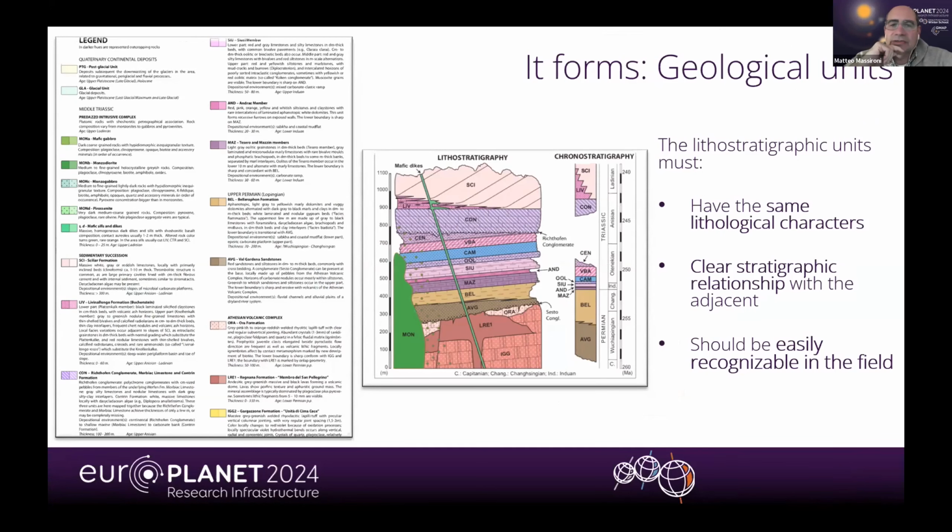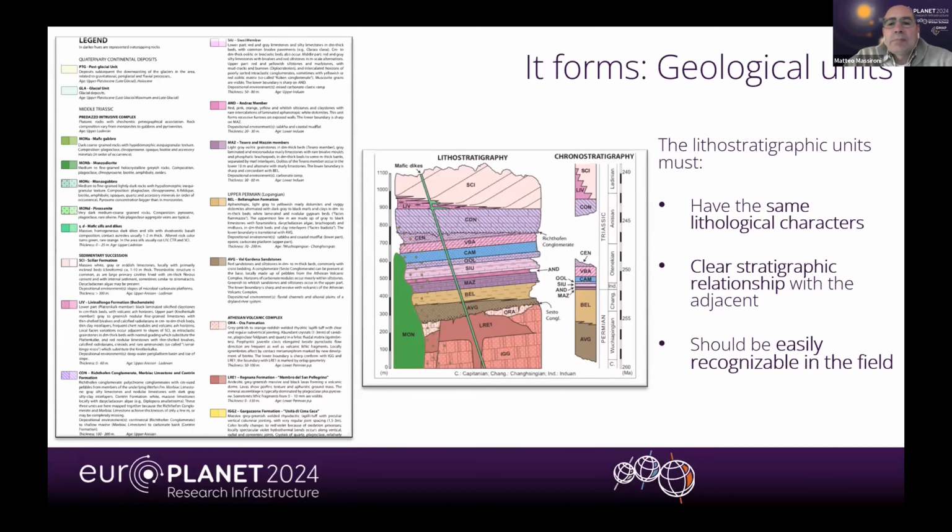The rocks should have the same lithological character, meaning the same texture, grain size, and composition inside the same unit. Then there should be clear stratigraphic relationships. Some units should be over the others, and this should be clear to see, and some others could cut the others, for example igneous bodies cross-cutting sedimentary ones.